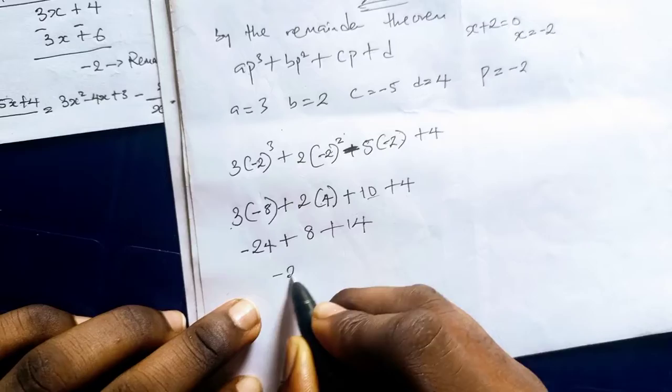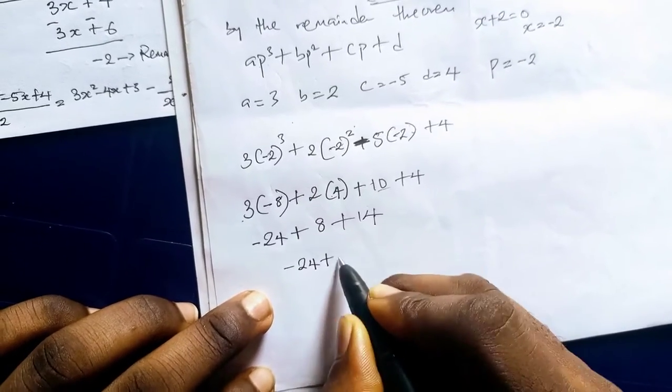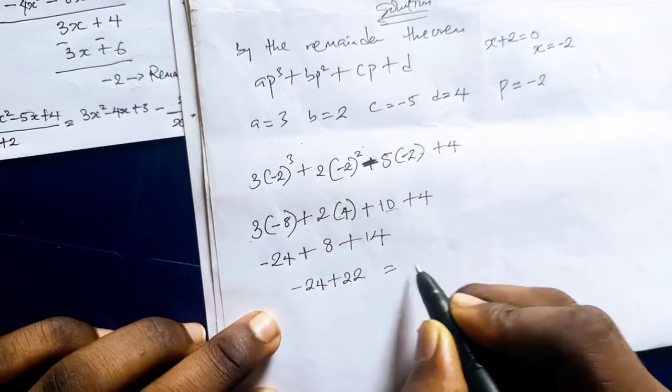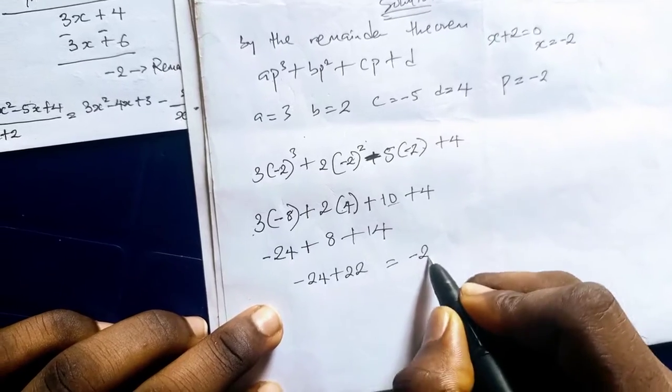So this is negative 24 plus 22, which comes out actually to be negative 2.